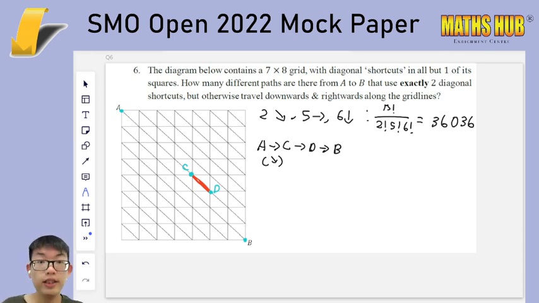In this case, if you went from A to C with the shortcut, it means that you would have gone 3 down, 3 right, and the shortcut. And then from C to D, and then from D to B, there's no shortcuts left, so it's just 3 down and 2 right.